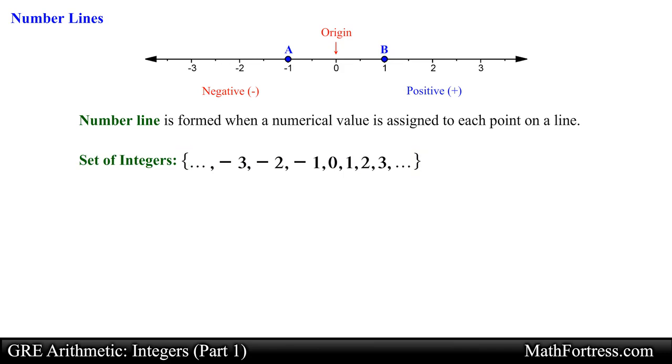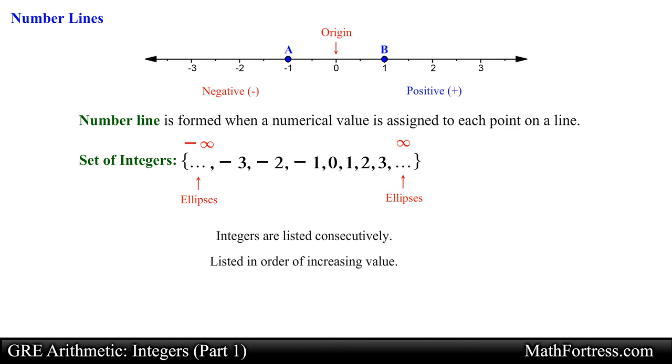Recall that the ellipses mean that the numbers keep going forever and ever, with the implied pattern. In other words, the numbers keep going in both directions, infinitely to the left and infinitely to the right. Also notice that the set of integers are listed consecutively, meaning that the integers are listed in order of increasing value, without any integers missing in between them.